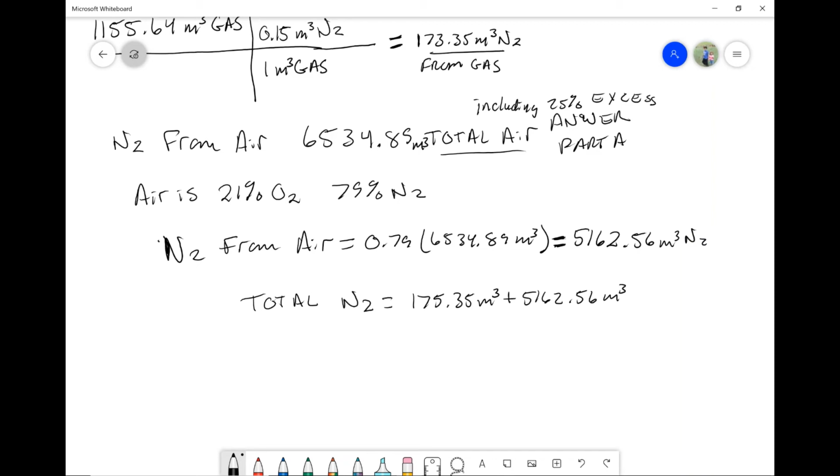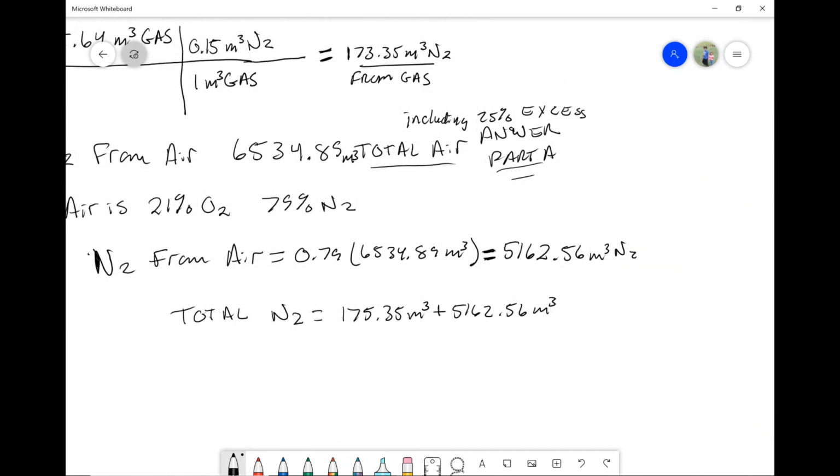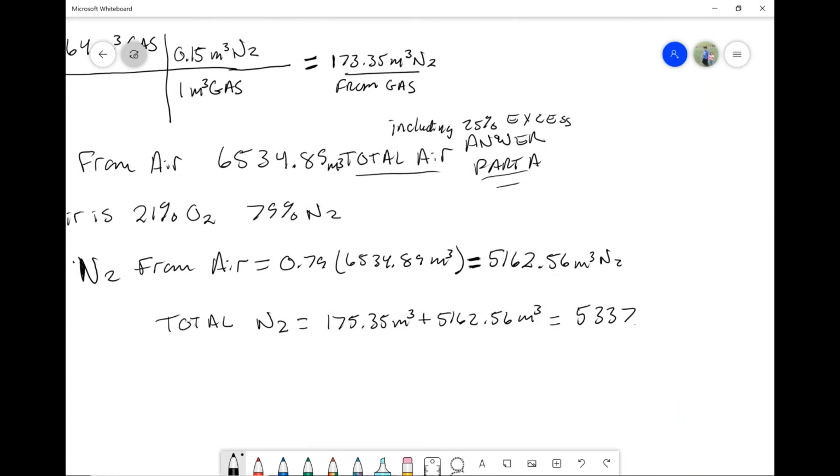And that's including that 25% excess because we calculated it from the answer for part A. So 5162.56 plus 175.35, and I got 5337.91. And I'm going to highlight it blue.